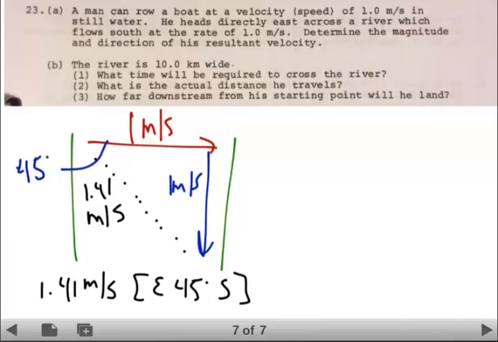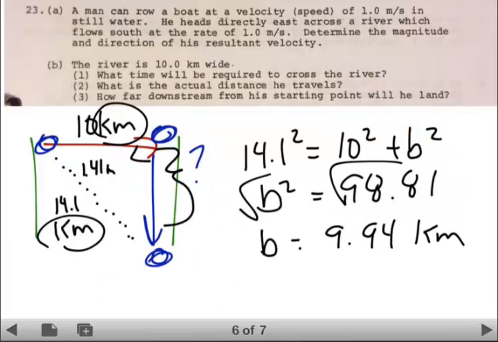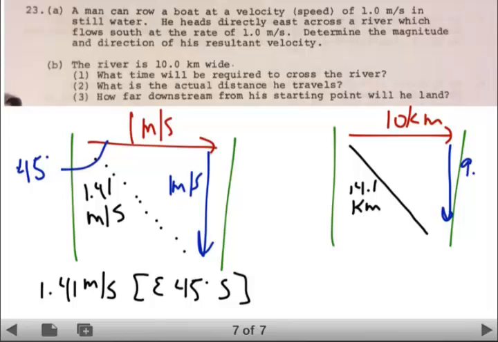Now talking about the displacement. That triangle, 10 kilometers across. And then we had also found the hypotenuse to be 14.1 kilometers. And then we found finally the distance off course was 9.94 kilometers.